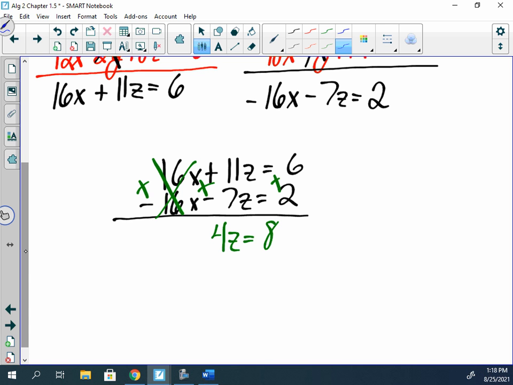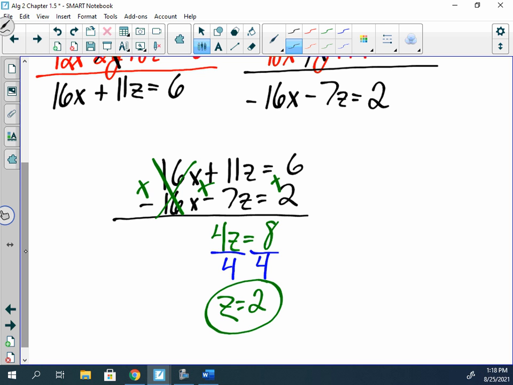How can I solve? Divide by 4. So z is equal to 2. And again, we have x, y, and z is 2.